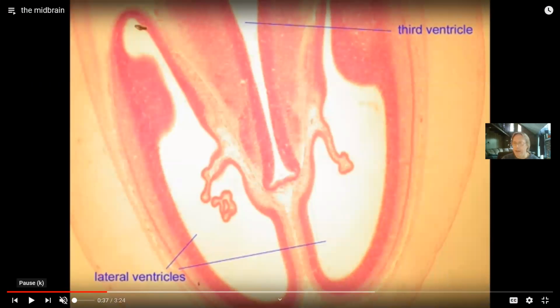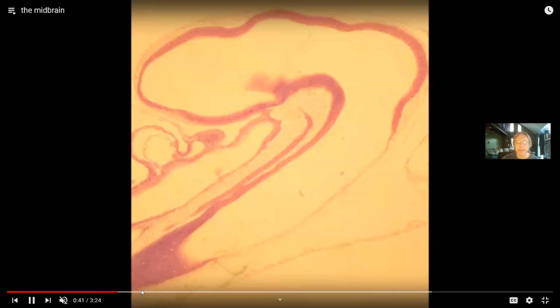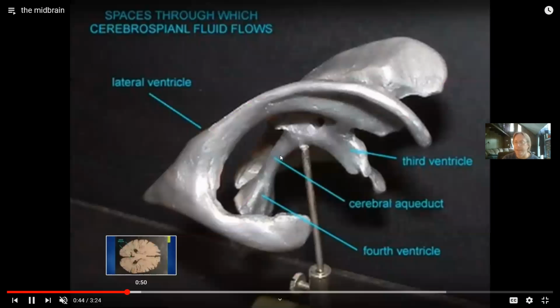Also important, as I'll mention later in identifying structures in the midbrain, is that cerebrospinal fluid in the brain flows through ventricles, starting off with lateral ventricles, then a third ventricle, and then there is what's known as the cerebral aqueduct passing through the midbrain before getting to the 4th ventricle.